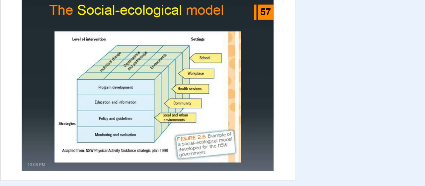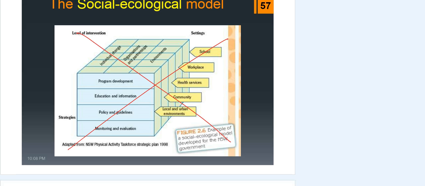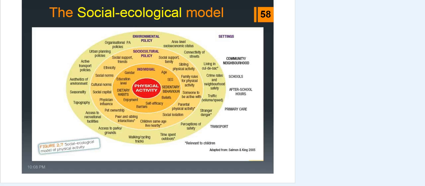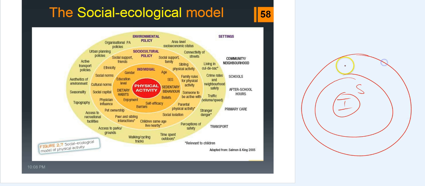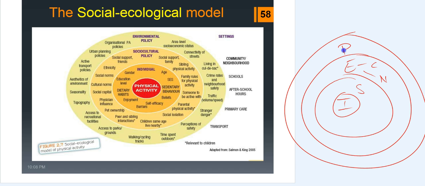Just another way of looking at the social-ecological model, probably a harder one to look at than what we've been told we need to. So although it's nice, it's not something that we actually need to know. This one again is nice, but we need to be careful because we need individual, social, environment, whether it's constructed or natural, and policy.